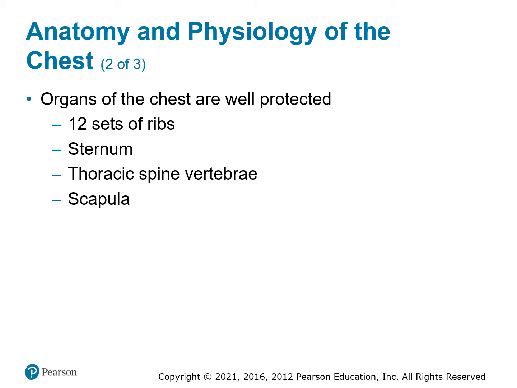In the back you have the thoracic spine vertebrae, which protect your spinal cord going down, and in the upper portions of the back you have the scapulas, or the shoulder blades, providing even more protection back there. So it does take significant trauma, unless it's a penetrating trauma, to do damage, but like I said, once the damage is done, it can be very, very bad for the patient.